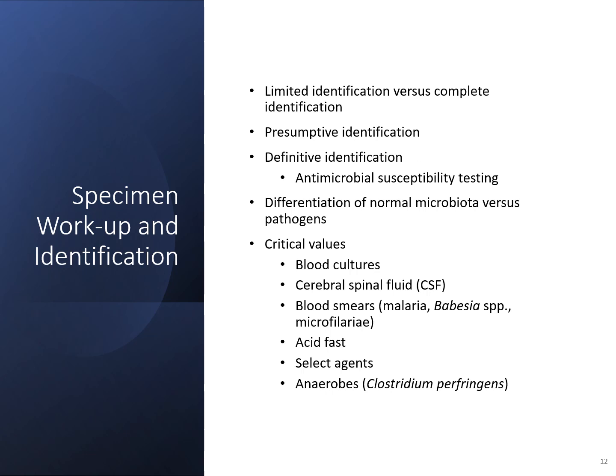With working up specimens or reading culture plates and identifying organisms in microbiology, you can have a limited identification in which you just work it up to the genus but not the species, versus a complete identification where you're working it up to the point of narrowing it down to the particular species.